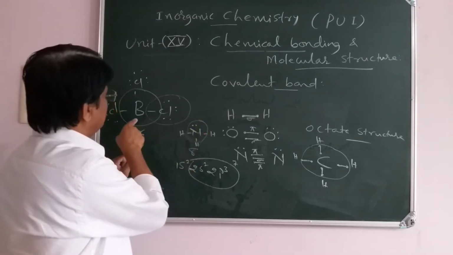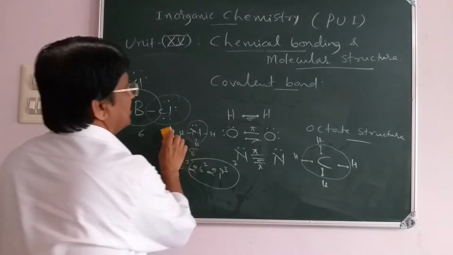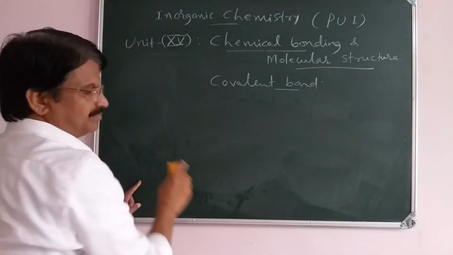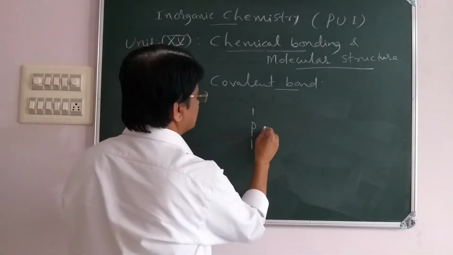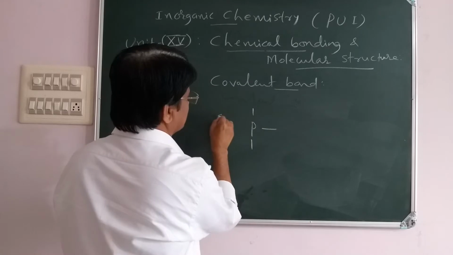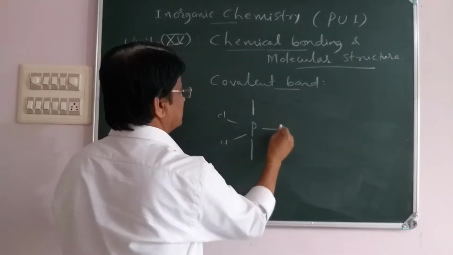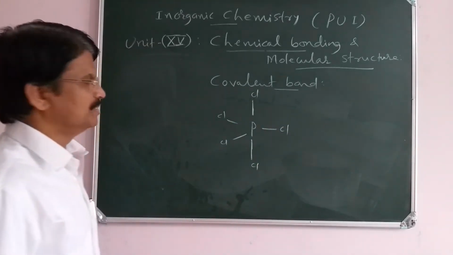Completed octet, incomplete octet. Then in case of PCl5, see what happens. This is PCl5.